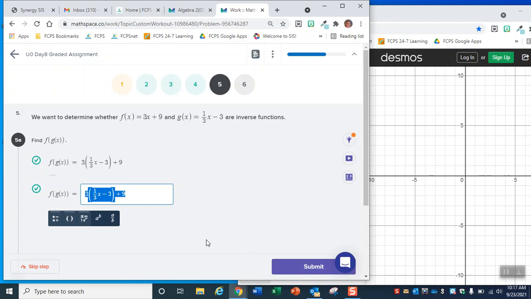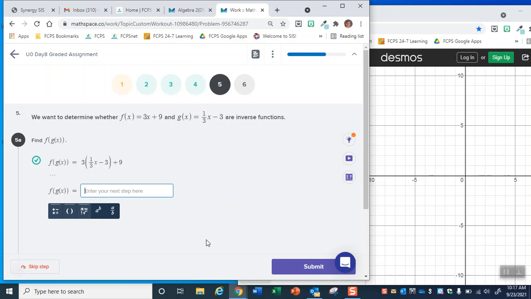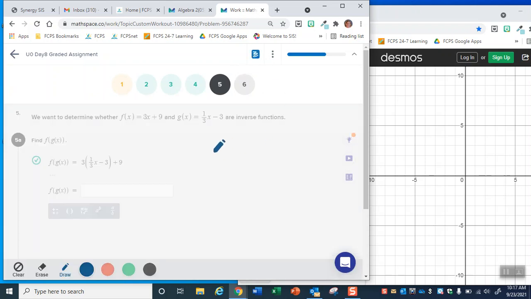And then now what I'm going to do is actually some algebra, and I'm going to simplify that. I got to do the distributive property. Let me see if I can just plug this in. All right, so now I'm going to go up here, use my sketch pad.